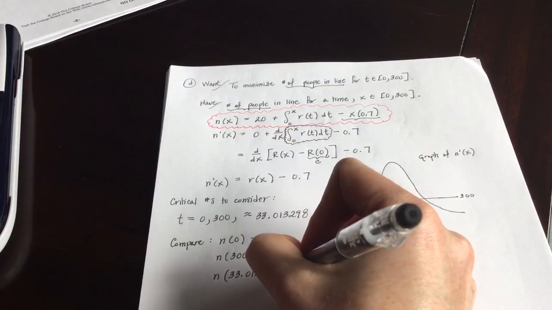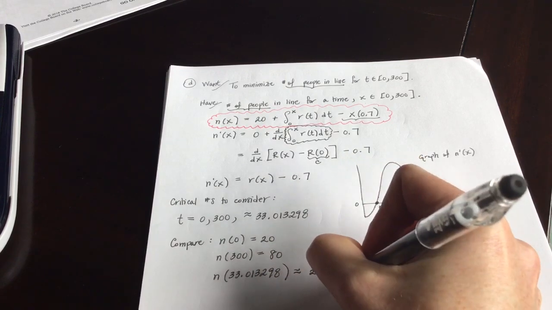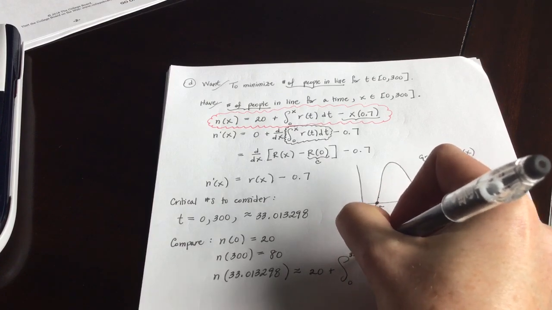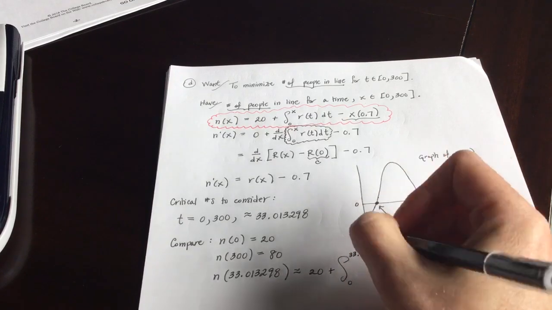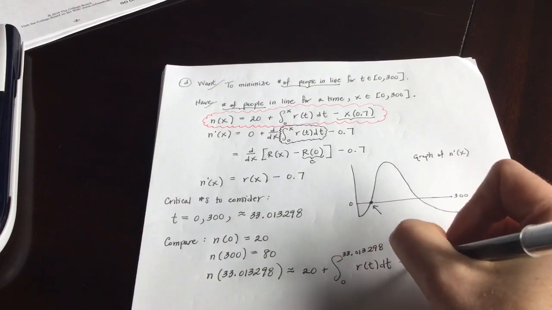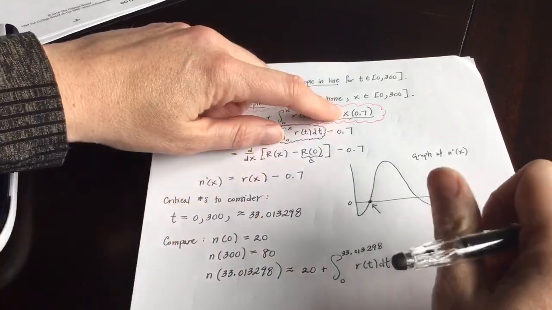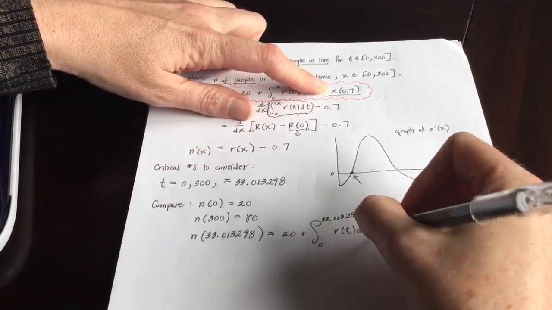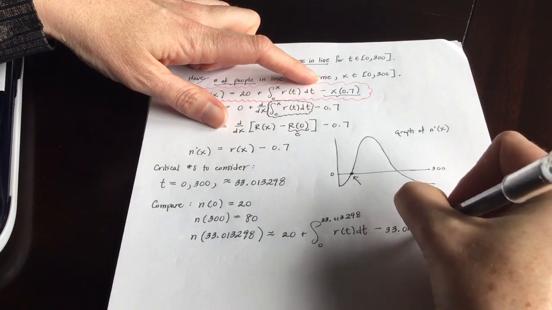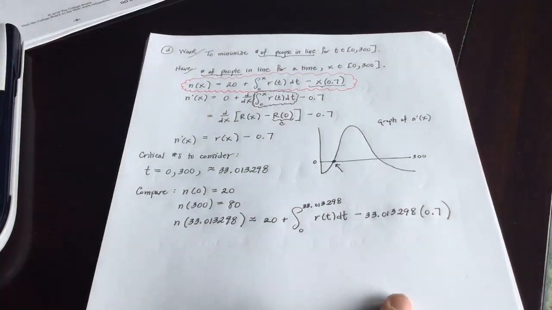So this would be 20 plus the integral from 0 to 33.013298 of r of t dt minus, oops, sorry, we're going to put that number in here as well, 33.013298 times 0.7, like so.